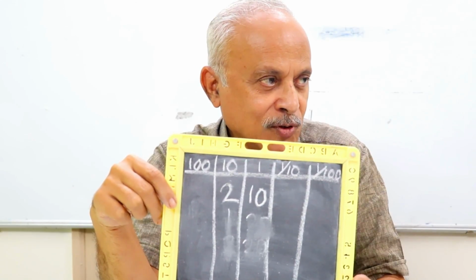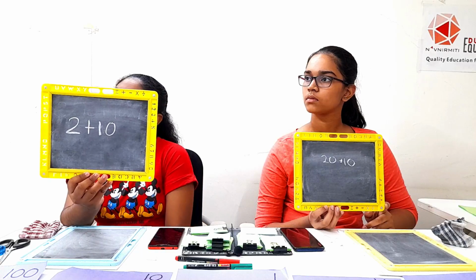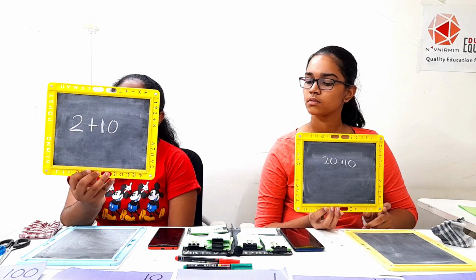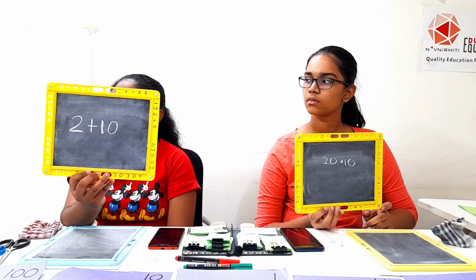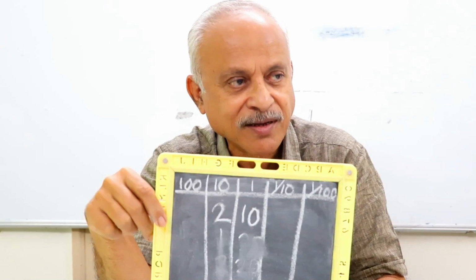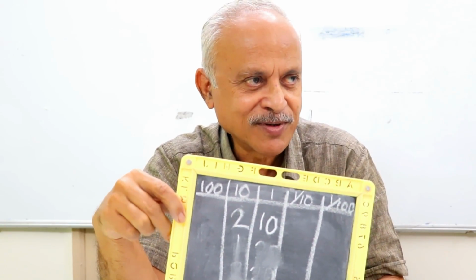Two plus 10. What is 2 plus 10? 2 plus 10 is 12. So it can't be 2 plus 10. What you have written is 20 plus 10. Yes, that is something which is equal to this number.